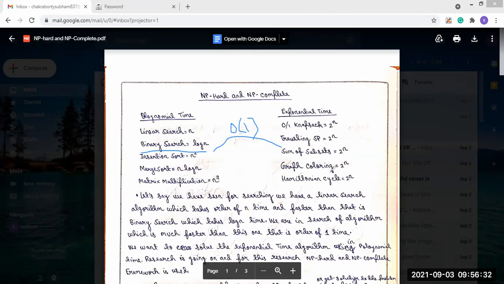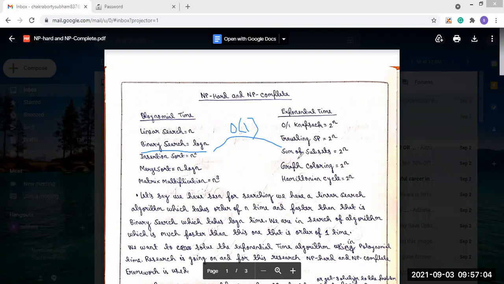So if we can find any relation between these algorithms, then we can choose any one algorithm and solve it using polynomial time, and then the other problems can also be solved using polynomial time.